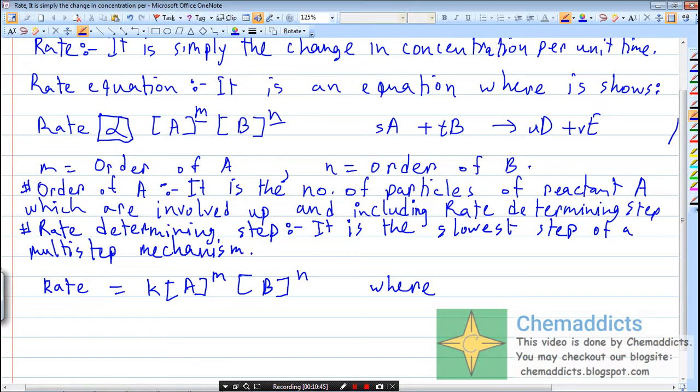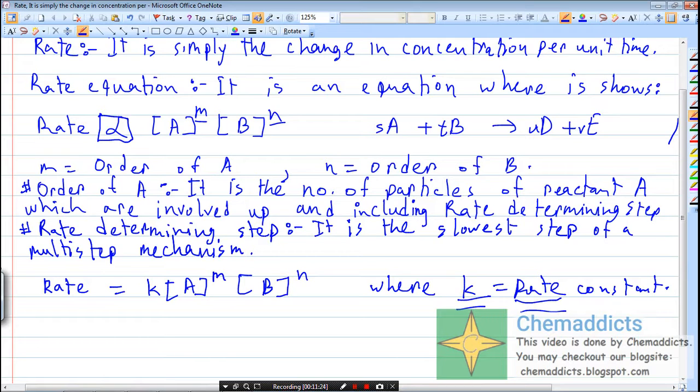So we write k, where k is the rate constant. It is required to mention that this k is a small letter, not a capital letter, since capital K represents the equilibrium constant. Here we are not dealing with the equilibrium constant, we are dealing with the rate constant. I hope you have understood.